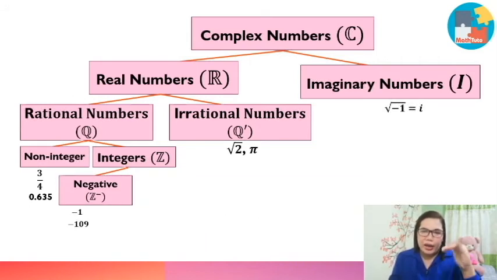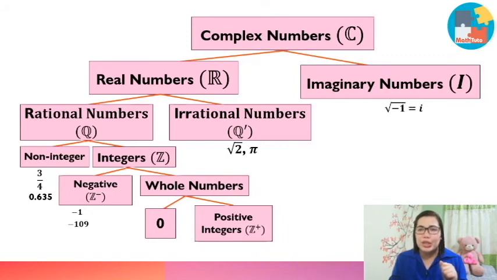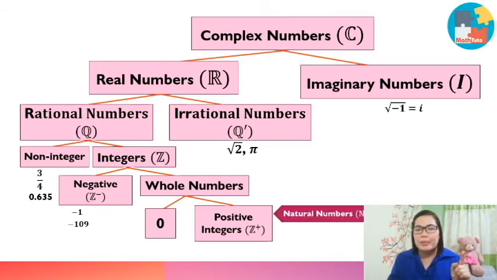So, naa na tayo negative integer, then naa pay duha, katong 0 ug positive. Ang 0 ug positive are called whole numbers. Yes, tawag ana niya tanan whole numbers. So positive integers are denoted by Z and then plus sa ibaba. Positive integers are sometimes called natural numbers denoted by N, or counting numbers.